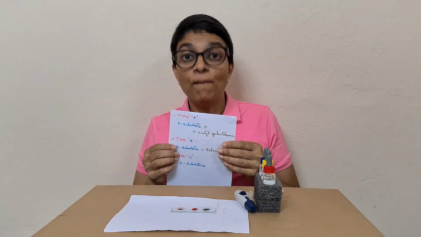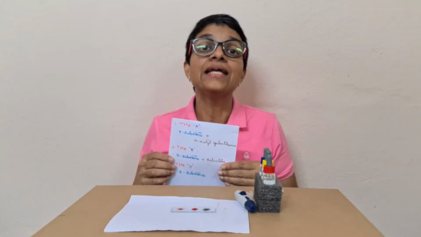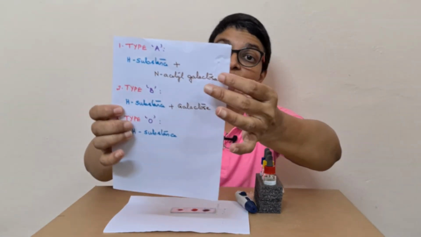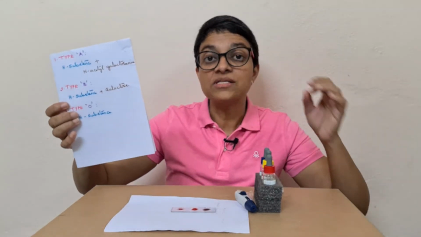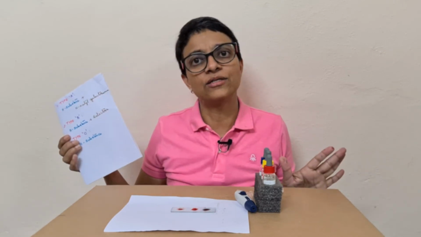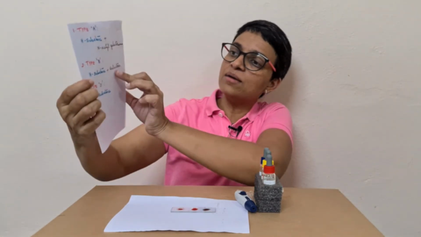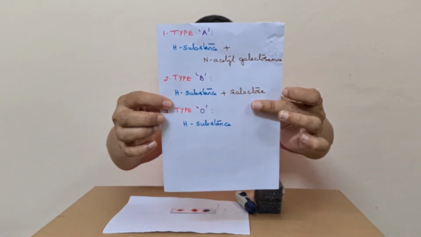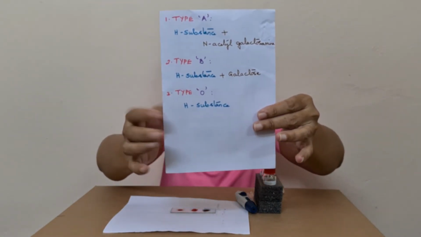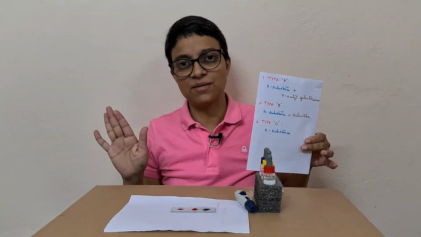H substance plus a group called N-acetyl galactosamine, it becomes type A. To the H substance, if you just add galactose, it becomes type B. If the H substance is present like that and no other group is added to it, no galactose or galactosamine, it is type O. Type O has just the H substance.